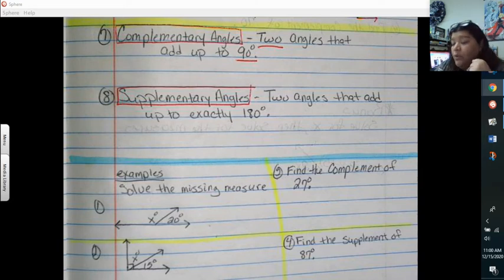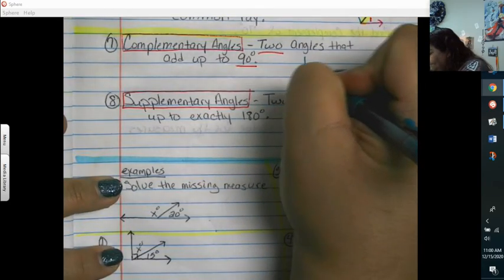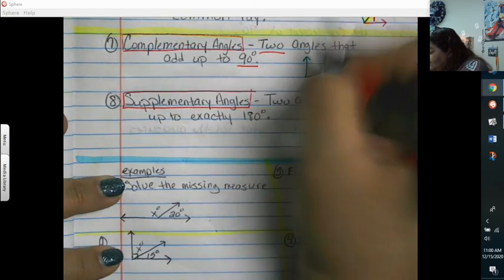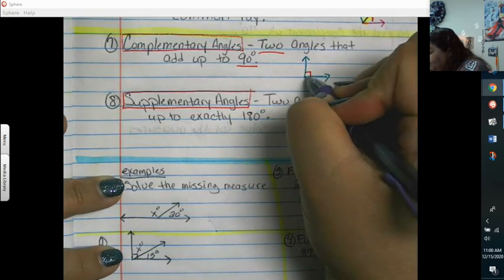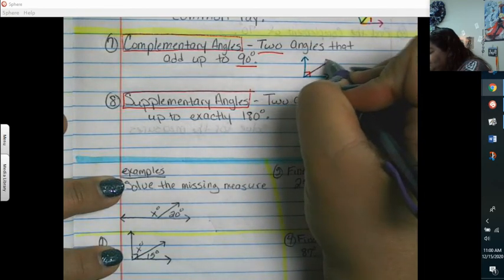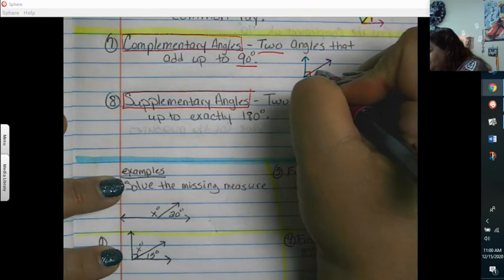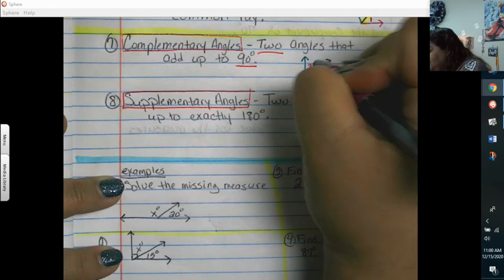So what does that look like? Well, let's just make up 2 angles. They might give you something like this, and that tells me that that's 90. And then they're going to make something adjacent here. So there's some adjacent angles, and they can tell you this one is 60 degrees, and this one is 30 degrees.